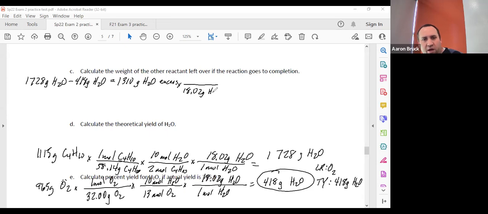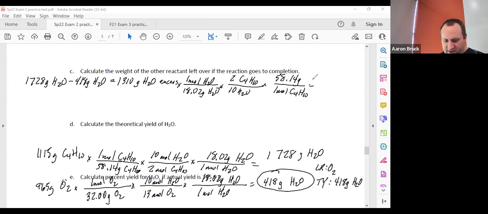18.02 grams of water for every mole. 10 moles of water for every 2 of butane. Every mole of butane weighs 58.14 grams.